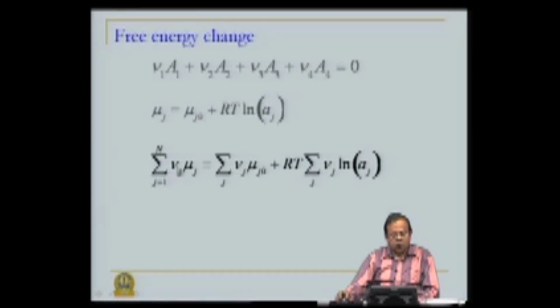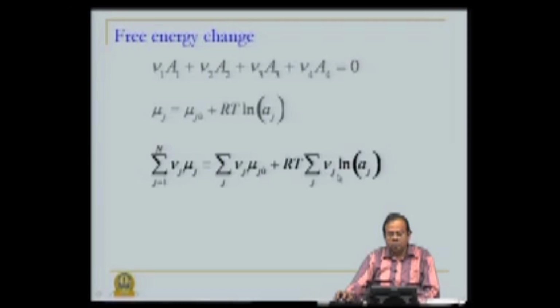Let me now multiply this chemical potential by nu_j and add it up for all the species. So, what do we have here? Summation nu_j mu_j over all species is summation nu_j mu_j0, that is all reference chemical potentials put together, plus RT times, the real terms, nu1 ln A1 plus nu2 ln A2 plus nu3 and so on.